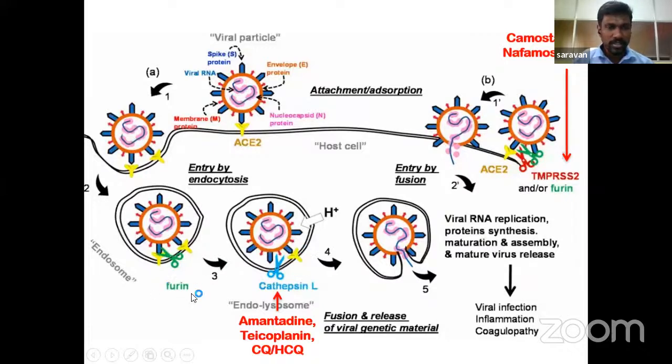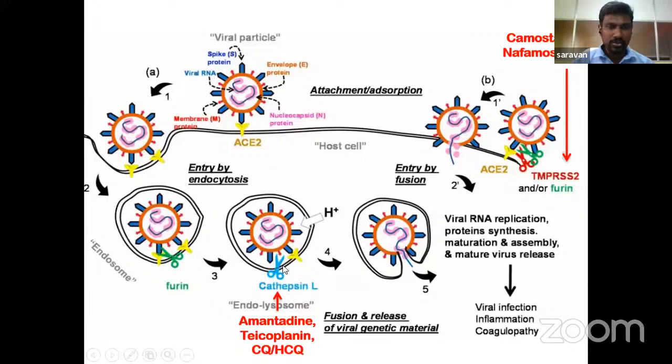The first protein, furin, the proteolytic enzyme, will cleave the S1 and S2 subunits of the coronavirus. By cleavage of the S1, S2 compartment, the S2 subunit is exposed outside.